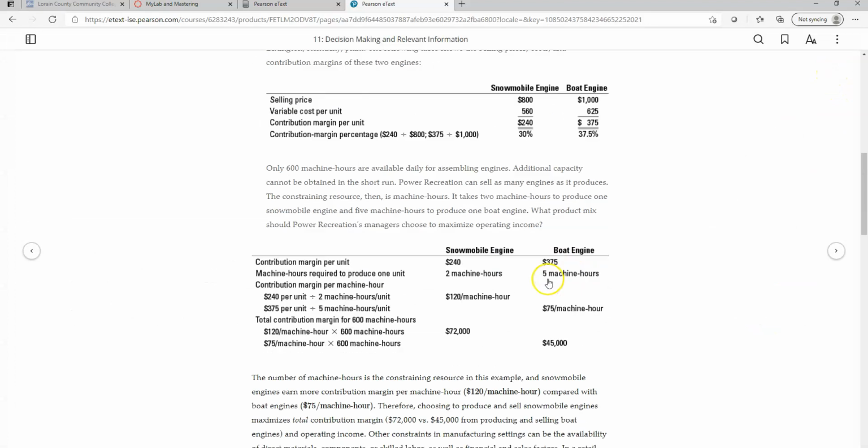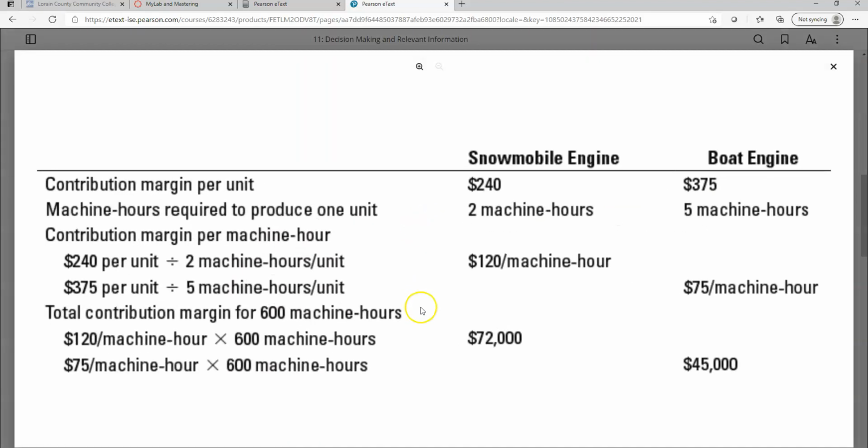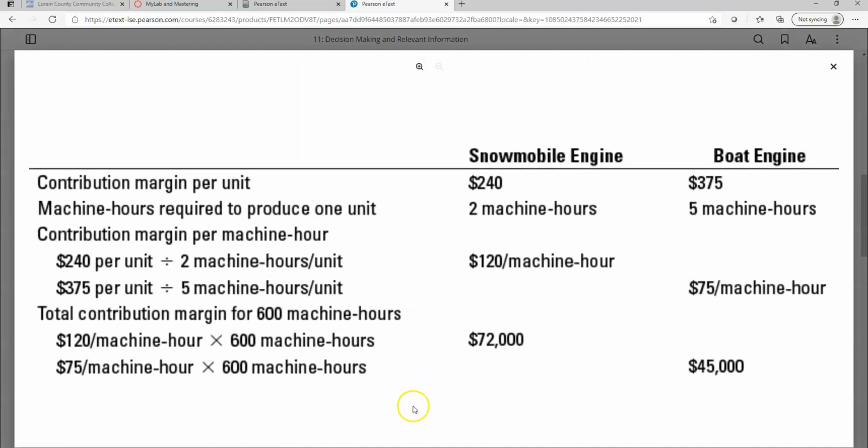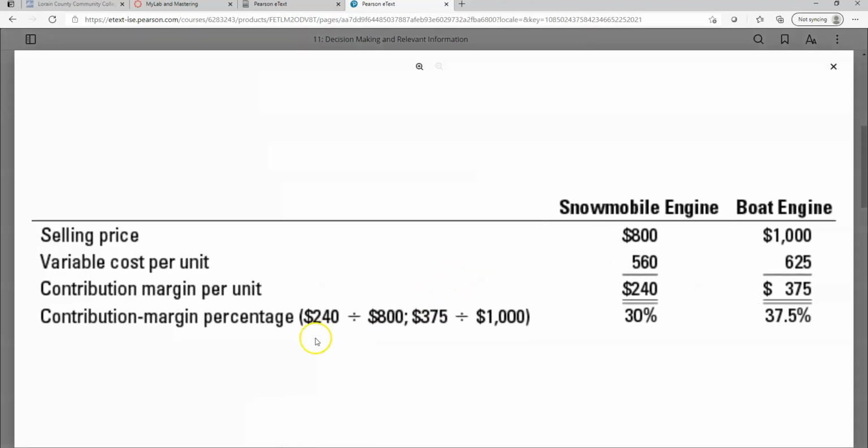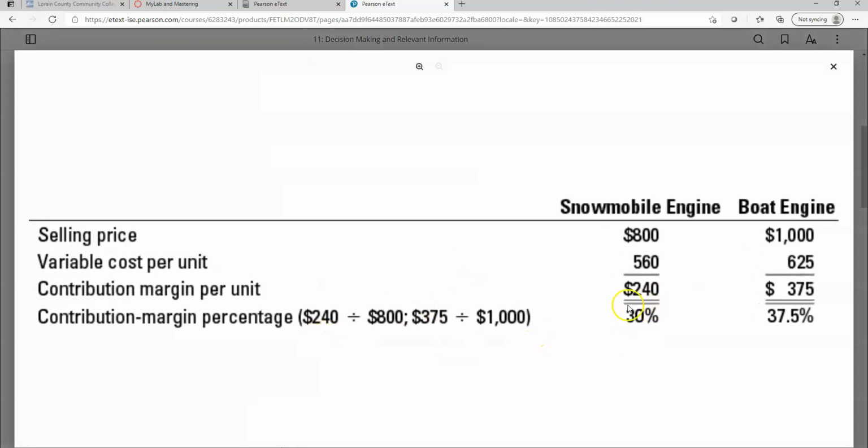However, when we get into the nitty-gritty of the numbers themselves and take into account the constraining resource, we see that our total contribution margin, considering that limited constraint of machine hours, is actually higher in total when we make the snowmobile engines, and that actually had the lowest contribution margin percentage based on units.